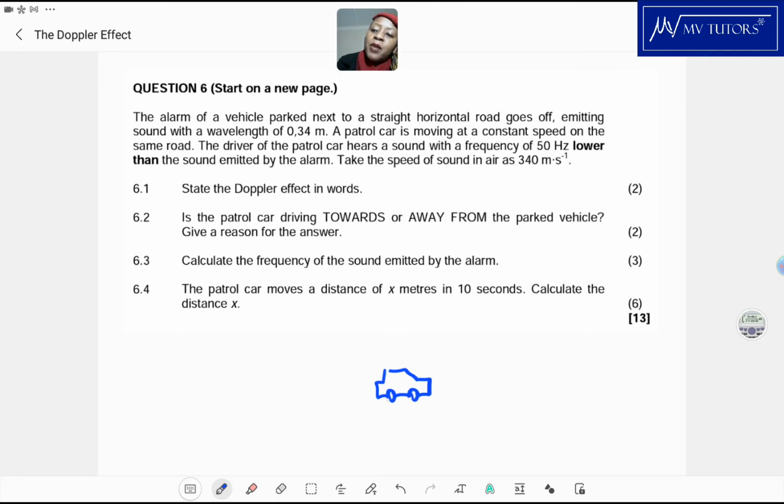It is parked, guys, so the velocity is 0. It's not moving. And it is emitting sound with a wavelength of 0.34 meters. So we already know the wavelength is 0.34 meters.